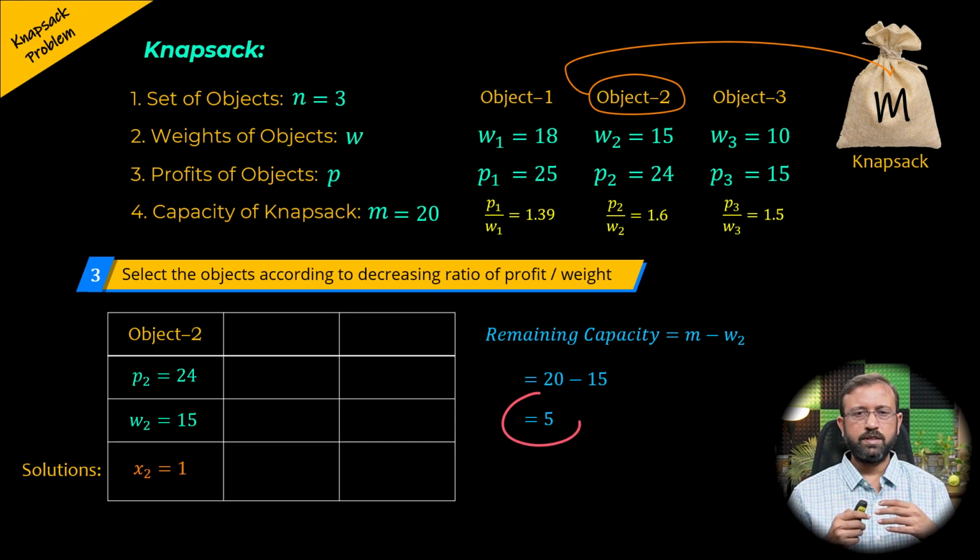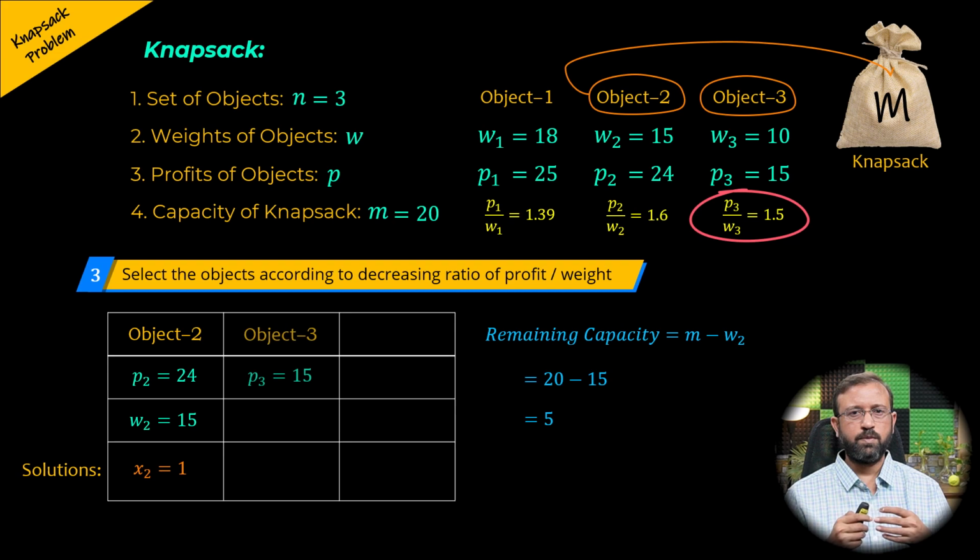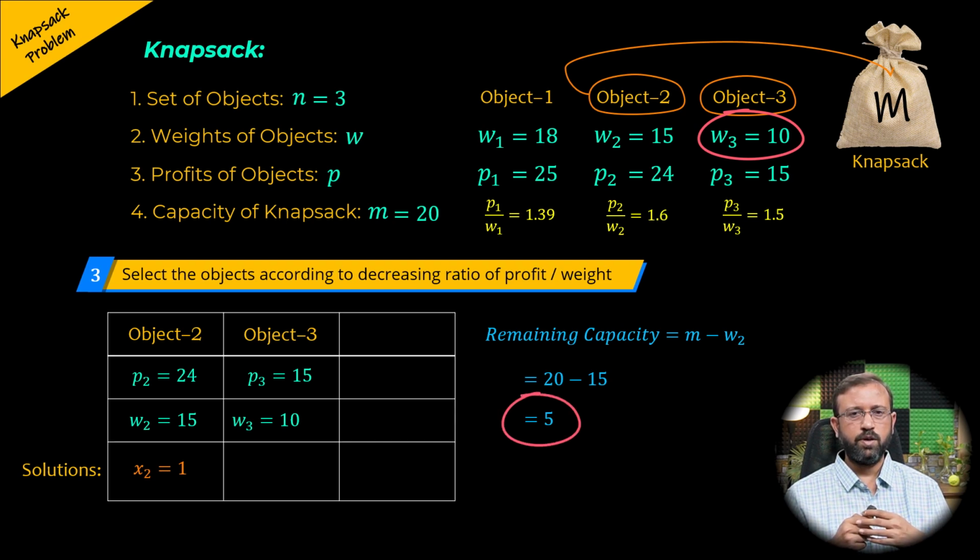Now, since there is some capacity left in the knapsack, the knapsack can be filled with some part or portion or fraction of other objects. So, we will consider object 3 since it has the next highest profit by weight ratio. The weight of object 3 is 10 and the remaining capacity of the knapsack is 5. Therefore, the knapsack can be filled with 5 by 10th fraction of weight W3 of object 3.